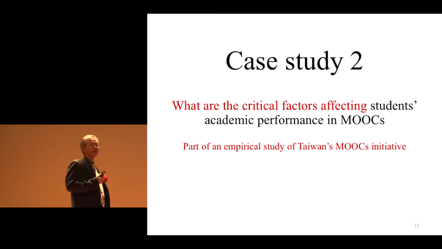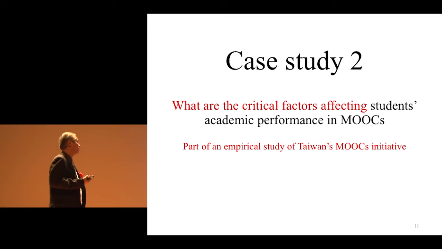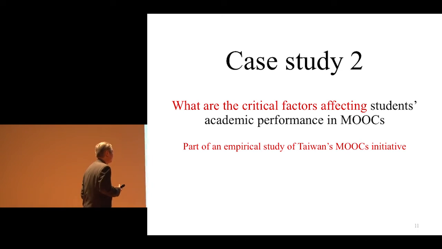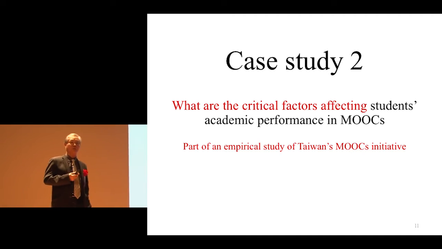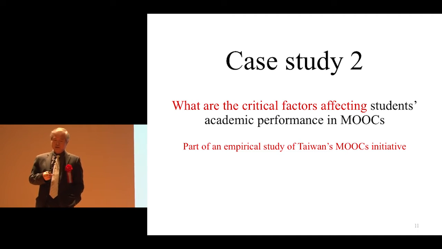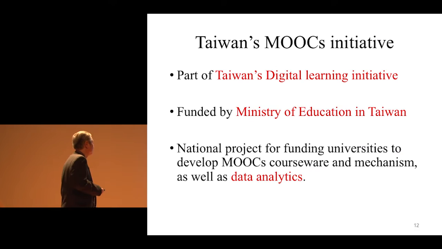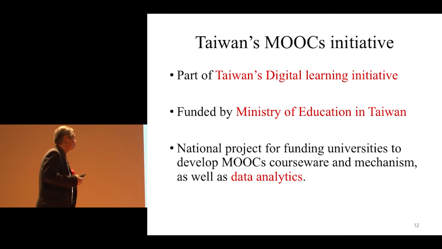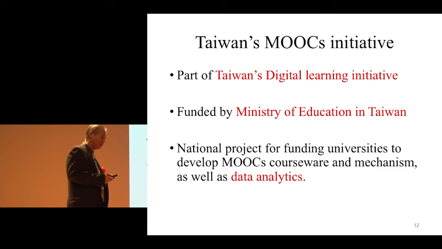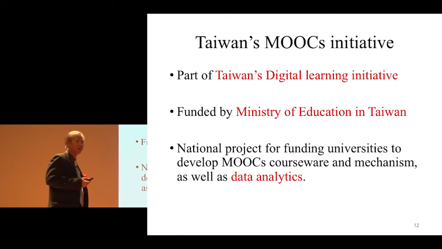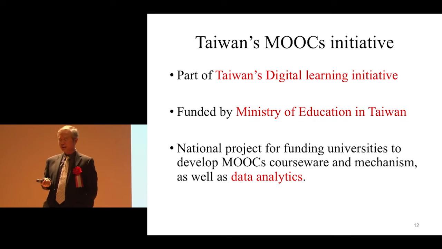Here is case study 2. We are interested in finding out the critical factors affecting students' academic performance in MOOCs. This is part of an empirical study in Taiwan. We have national projects, the Taiwan Digital Learning Initiatives, from when I served at the Ministry of Education.